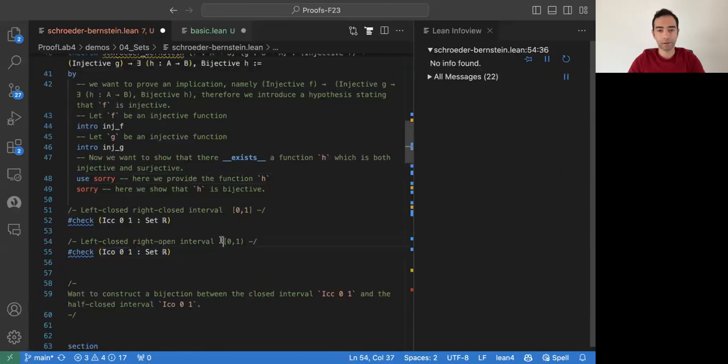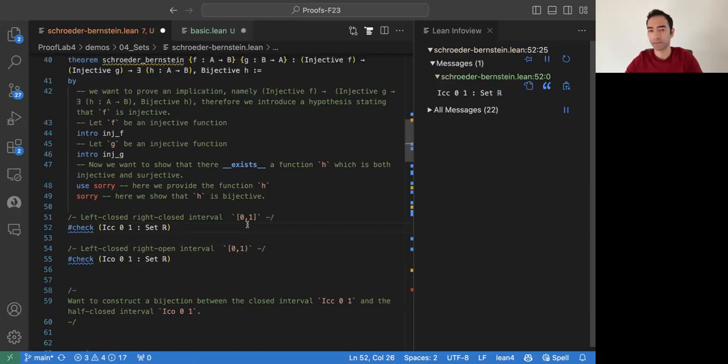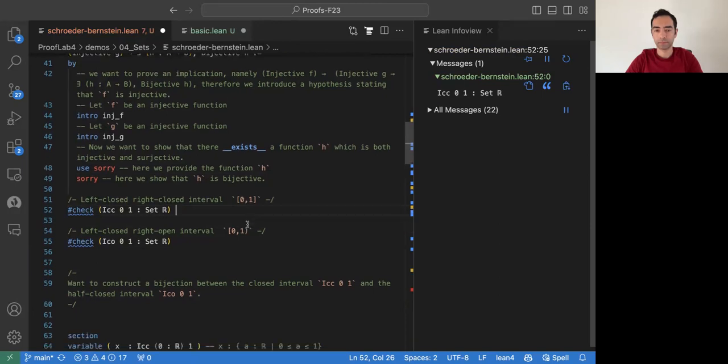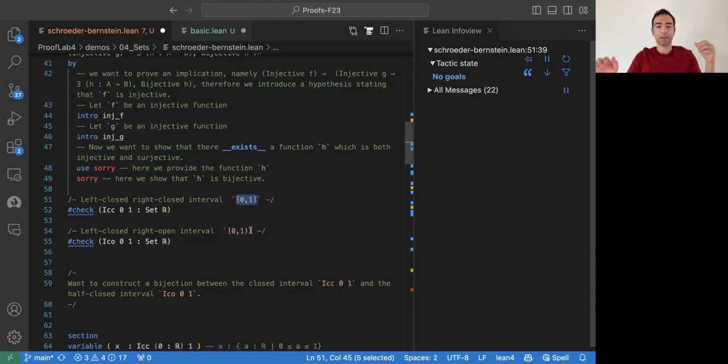And we had a function from the closed interval 0 and 1 to the half closed one, right? Does anybody remember what that function was? No? So it takes some number between 0 and 1, which can potentially be 0 or 1, and it has to produce something between 0 and 1, but not 1. So what can that be?